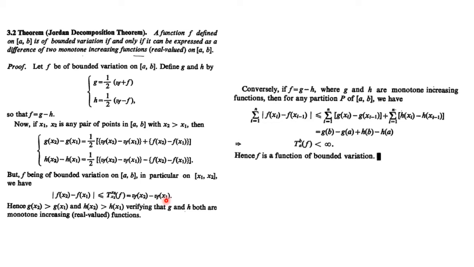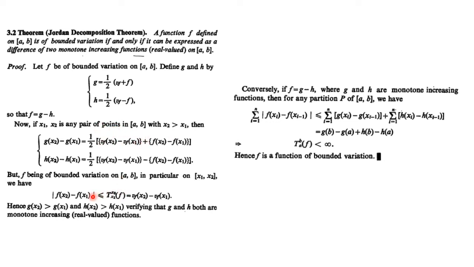Now use this in this step and this step. Since our first number is greater than or equal to this number, and this number is positive also, why is this positive?